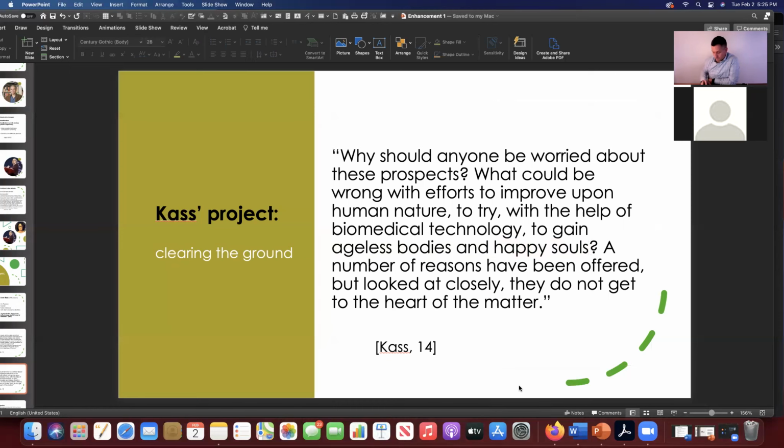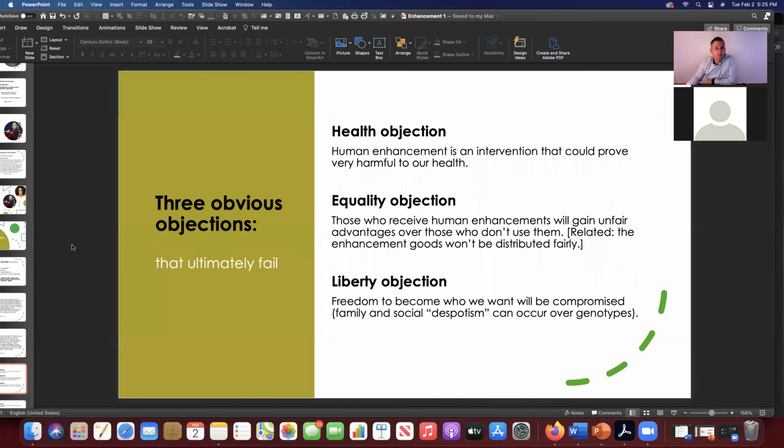Those reasons are oftentimes laid out as the health objection, the equality objection, and the liberty objection. So the idea is basically that biomedical technology that we could use to improve the health of our bodies and the happiness of our souls could actually end up being counterproductive and lead to unhealthiness.